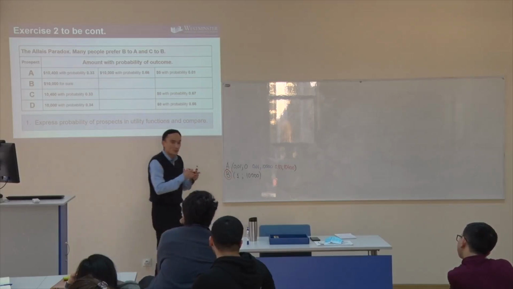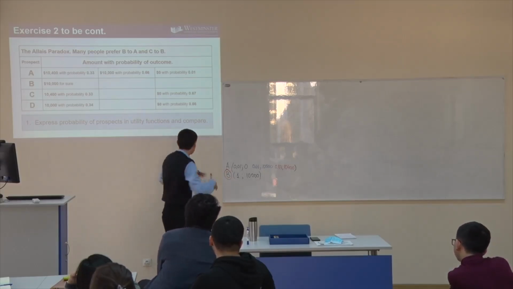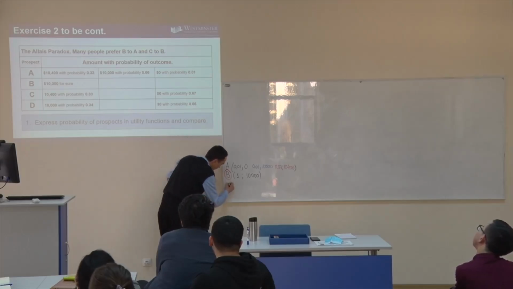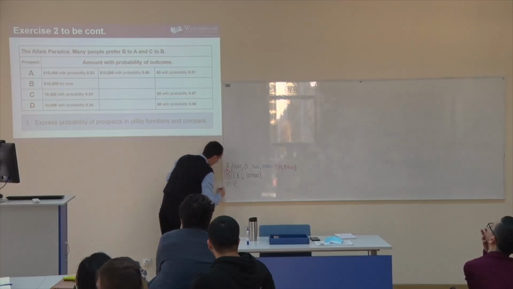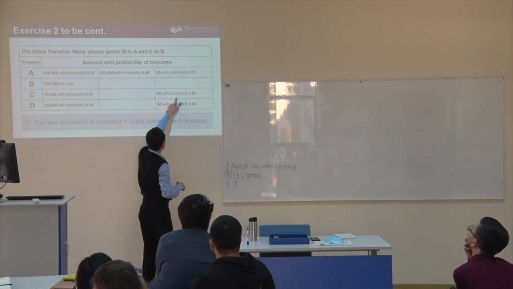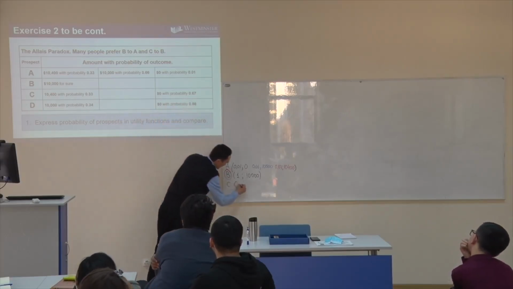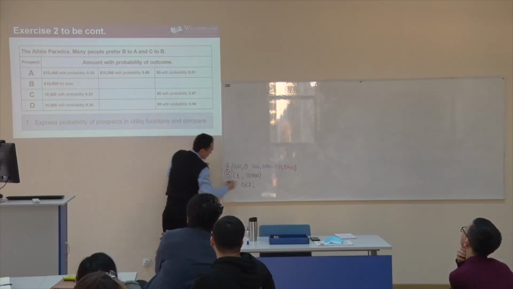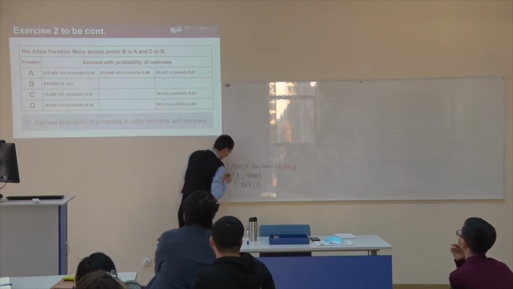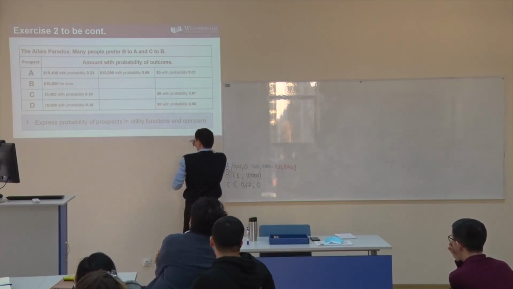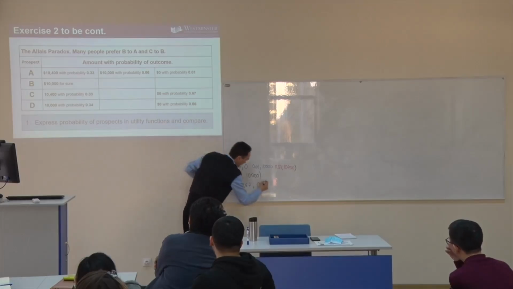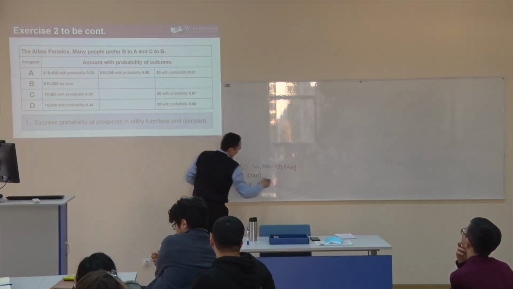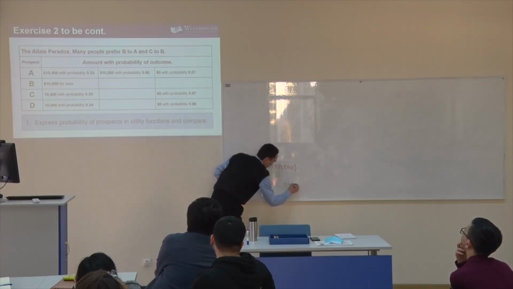And those people were asked a second question. Okay? So now we have prospect C. In prospect C, there is 67% probability of no payoff, $0. And there is 33% probability of $10,400.